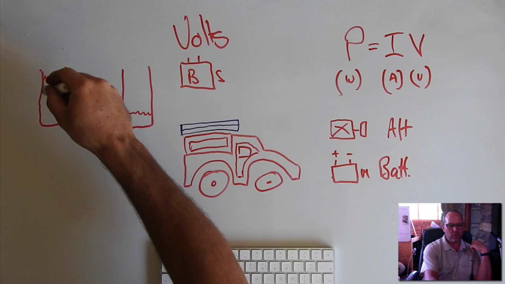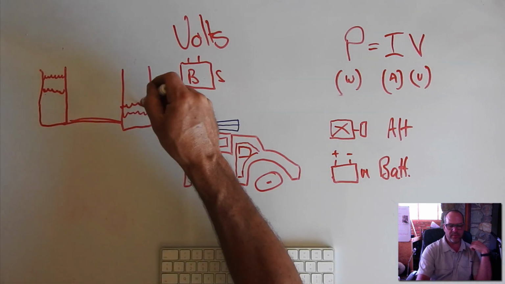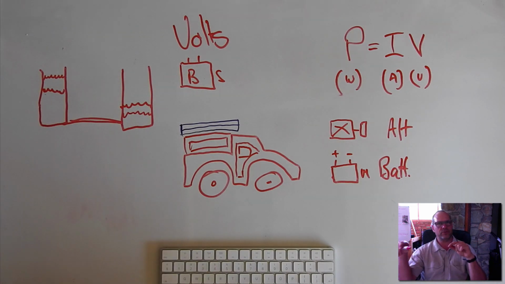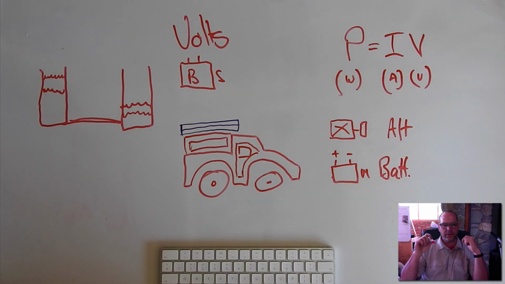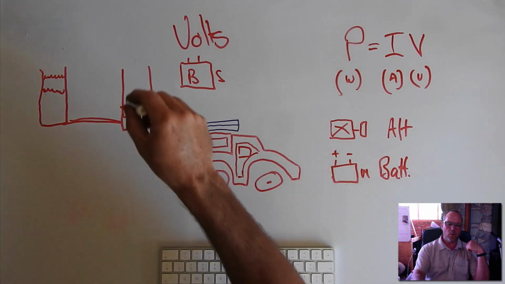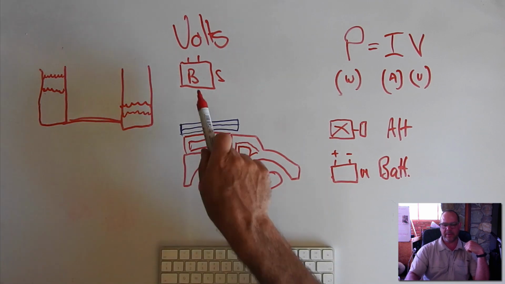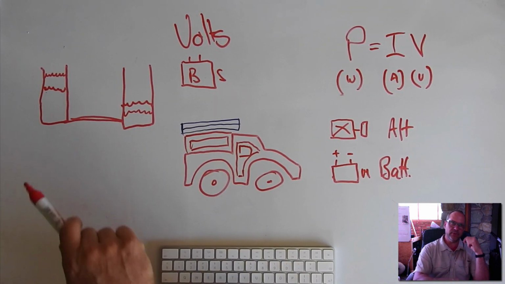Now if your level drops a little bit and this one goes up a bit, the flow will reduce. So what you need when you're charging something is one that is empty and one that is full, a battery that is empty and a battery that is full.